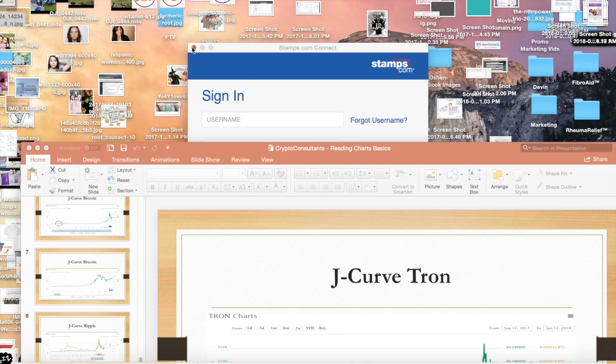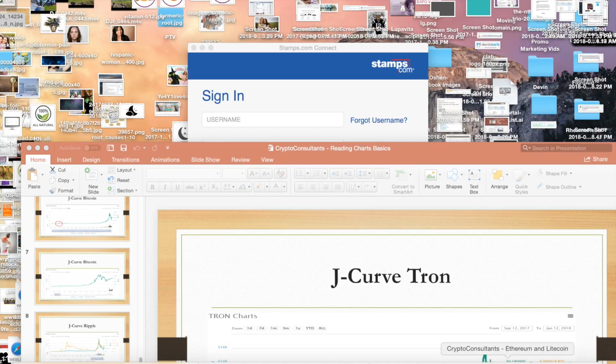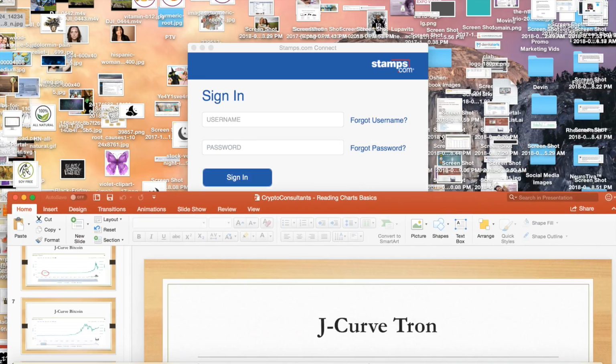Where did it go? Oh, no, it's on this one. See it? Can you click on the toolbar at the top?